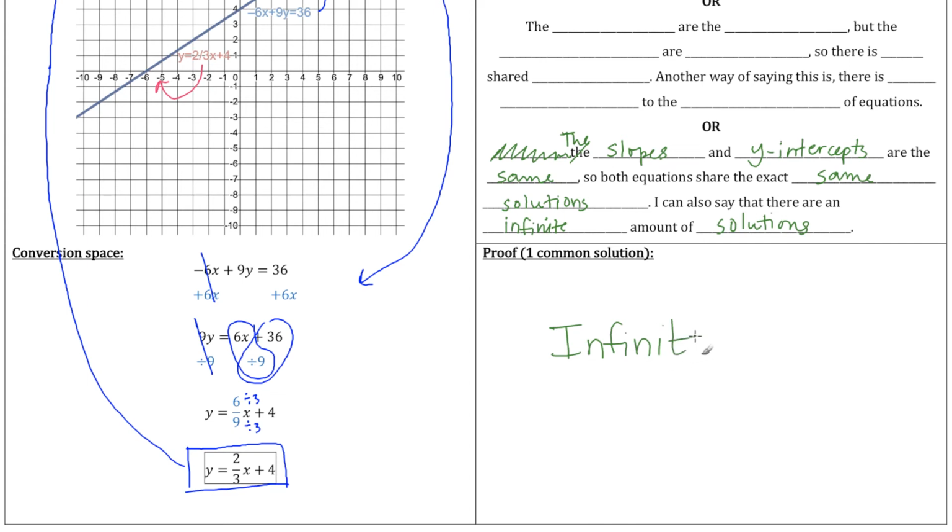Infinite solutions. And we'll put in parentheses, they share all of them. They share all the same solutions.